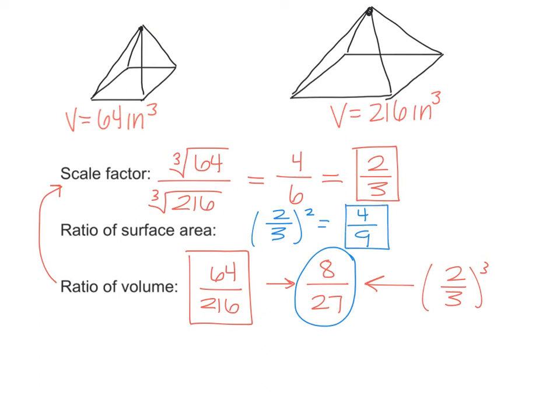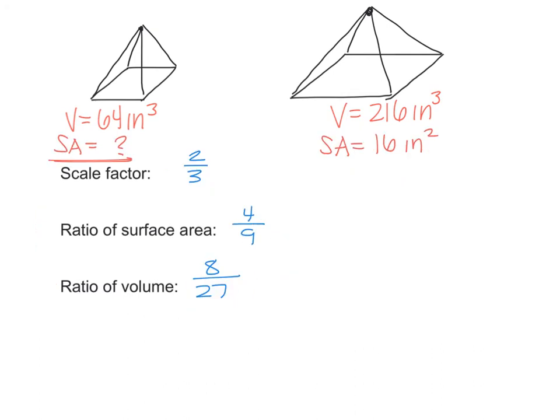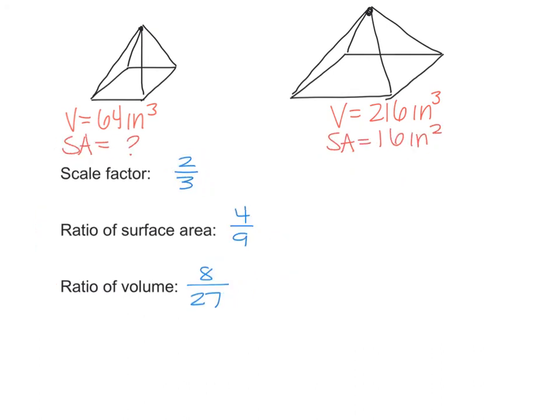Now we can use this information to help us solve for problems, because if you're told of a specific surface area of one of them and the volumes of the other, you're able to figure out what the surface area is of that third one. Okay, so when I'm talking here, we have our volumes, we have the scale factor, ratio of surface area, and the ratio of our volumes that we just found from the previous slide.